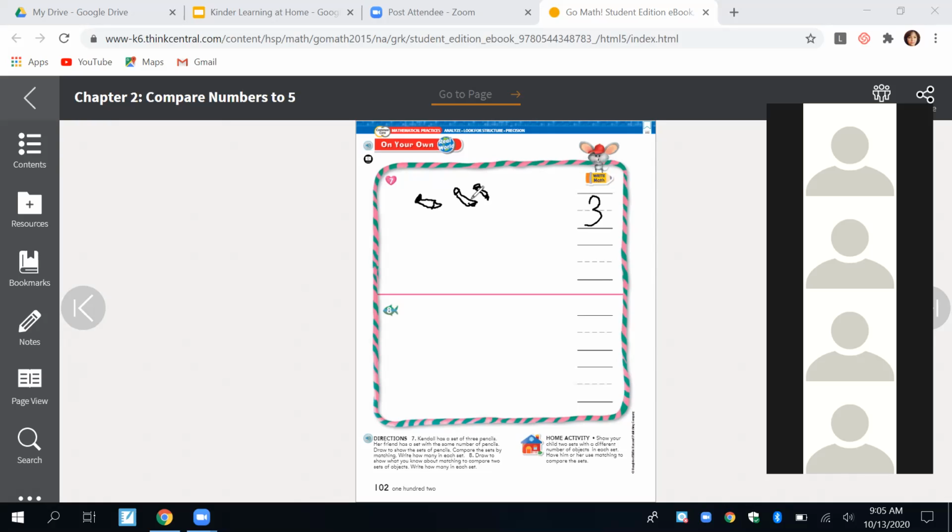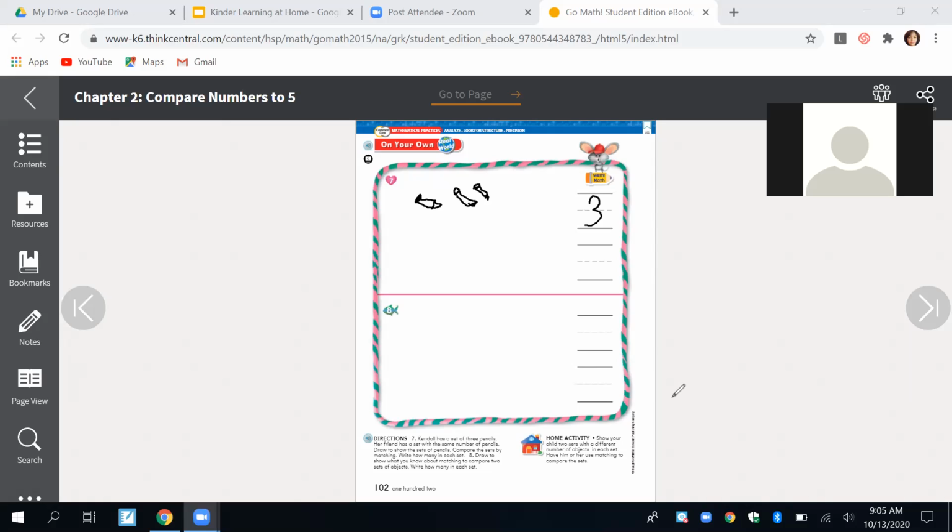I know there's 3 pencils. So her friend has a set with the same number of pencils. So if the sets are with the same number of pencils, I'm gonna ask Ayla, how many pencils do I need to draw for her friend? Ayla. 5. Is a 5 the same amount as 3?